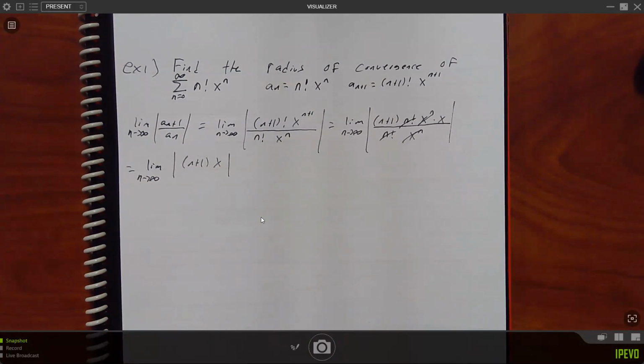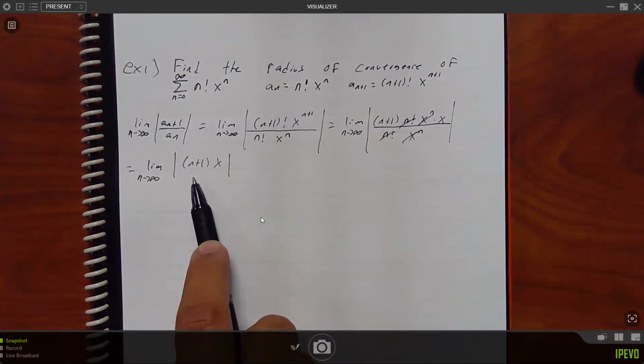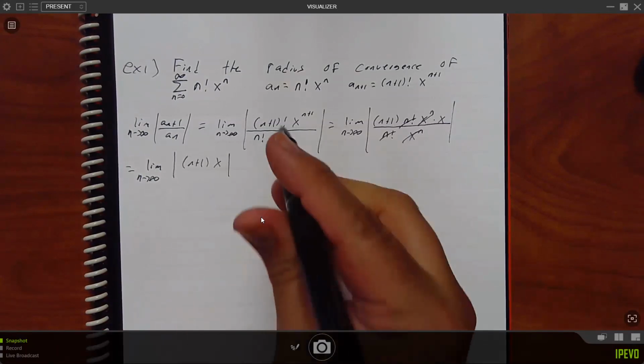What is that limit? X is some number. But as n grows, some number times that is still infinity, right? So this limit is infinite.